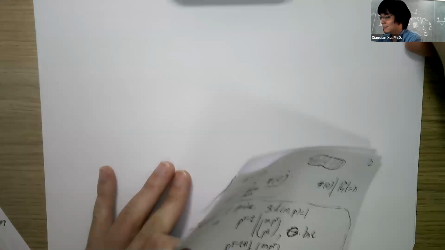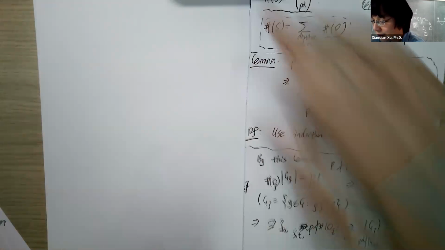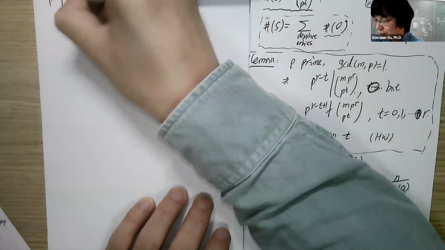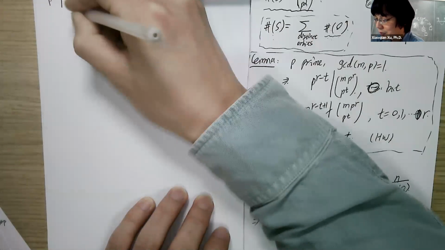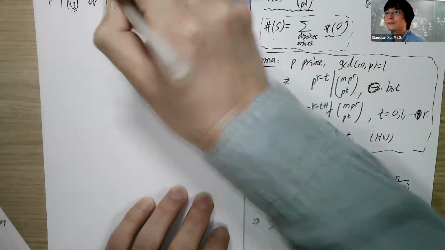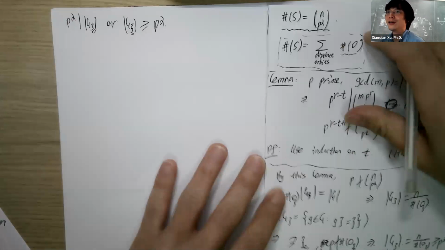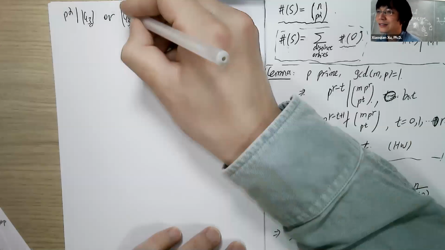Then we already know that P to the alpha divides GC, or GC0 is greater or equal to P to the alpha. Now, as we mentioned before, this stabilizer is first of all a subgroup.